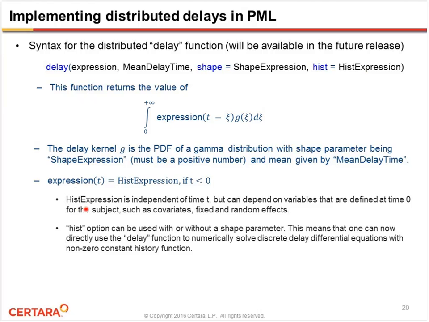Right now, the history expression must be independent of time t, but it can depend on the covariates, fixed, and random effects. And the hist option can be used with or without a shape parameter. This means that one can now directly use the delay function to numerically solve discrete DDEs with non-zero constant history function.